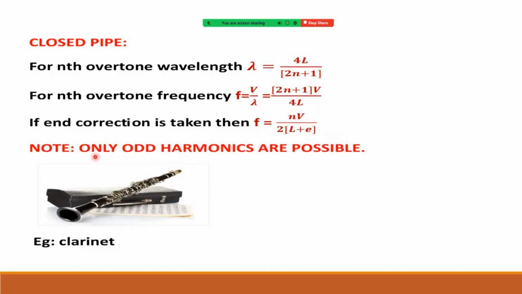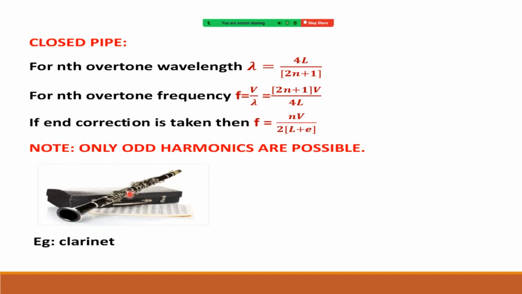And in this, only odd harmonics are possible. So here you have to change the formula. This is the same formula, (2n plus 1) into V by 4, and in the place of L, write L plus C. So I have written it wrong here, and that we can change.